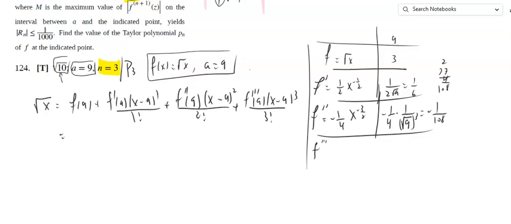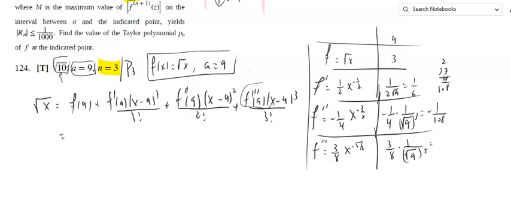The third derivative, which is what I need, is going to be positive 3 over 8 x to the negative 5/2. That's going to be 3 over 8 times 1 over the square root of 9 to the 5th power.